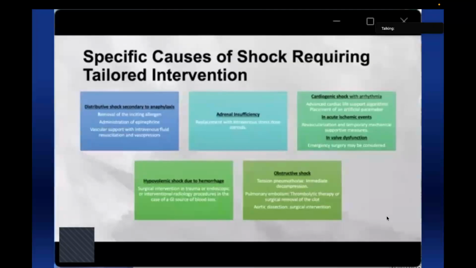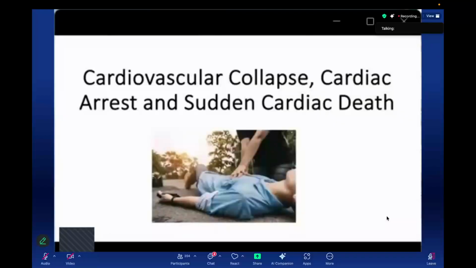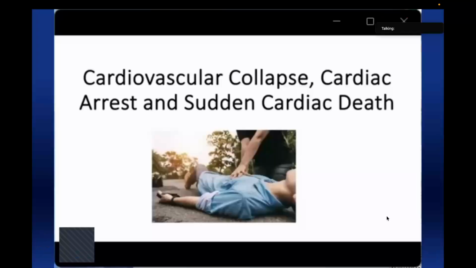In pulmonary embolism, thrombolytic therapy or surgical removal of the clot might be the option for treating your obstructive shock. Of course, if you have dissection, surgical intervention should be done. Okay, we're done now with the shock.